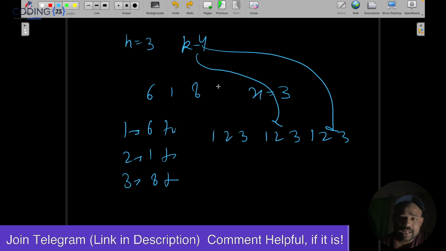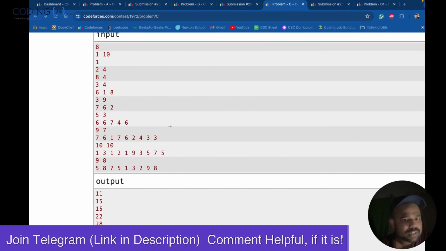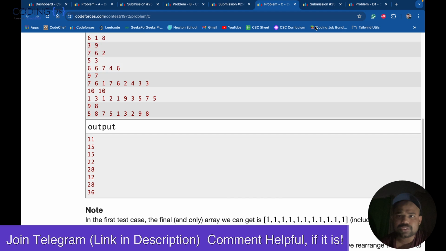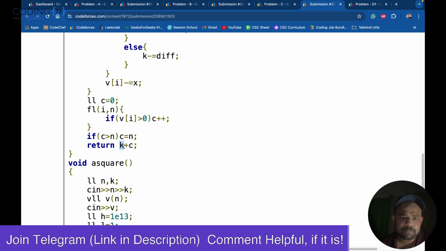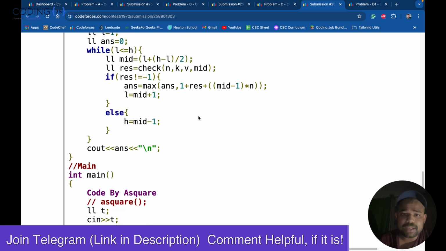Also, after taking these two, there is still some k remaining that we can use for other numbers, let's say 1 or 2 extra, right? So what I'm doing in this code is I'm returning this k plus c. What is c? c are the numbers which are still present more than one time, so that can contribute in the answer. Finally, my answer is 1.